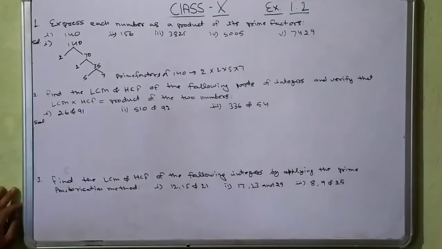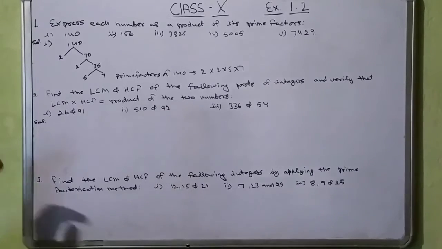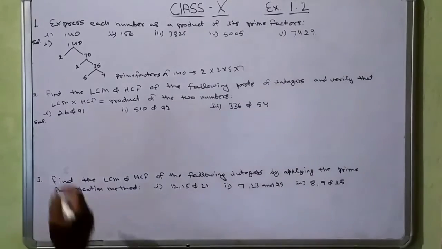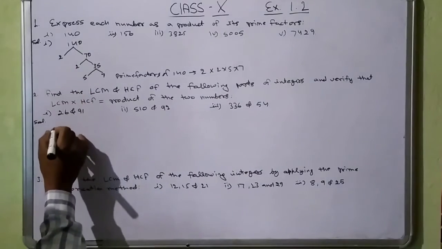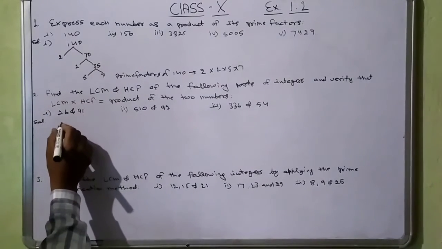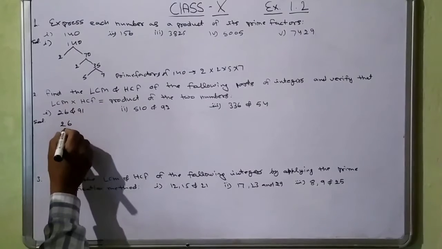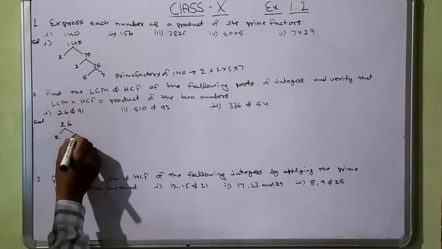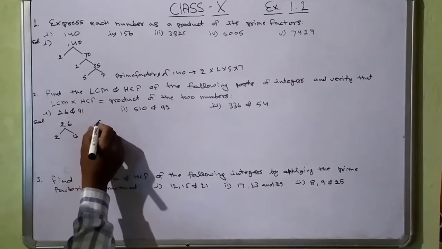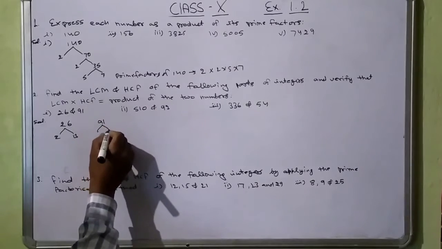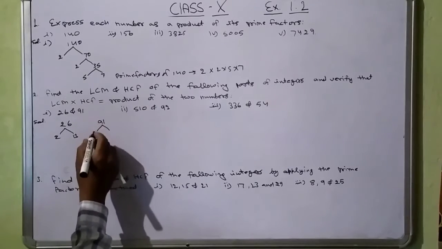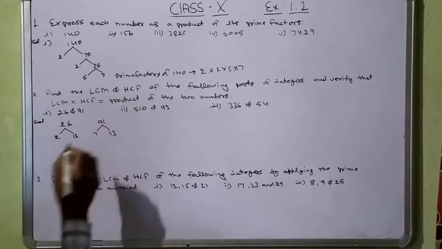Second question: find the LCM and HCF of the following pairs of integers and verify that LCM multiplied by HCF is equal to the product of the two numbers. First of all we will factorize. 26 is 2 times 13, then 91 is divided by 7 and 13.